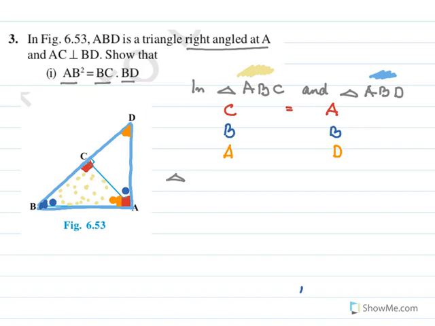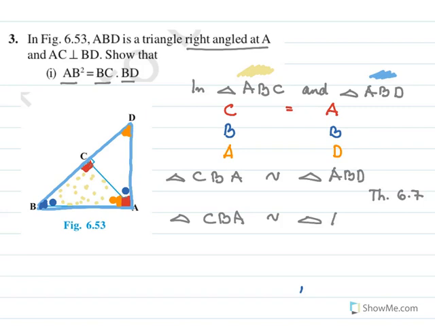Now we write the correspondence. Therefore, triangle CBA is similar to triangle ABD. And this is by theorem 6.7 again. You have to write the statement of your theorem. Now we have CBA similar to triangle ABD.